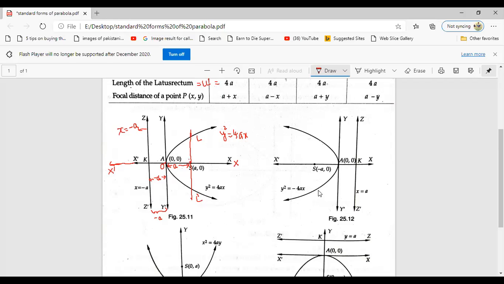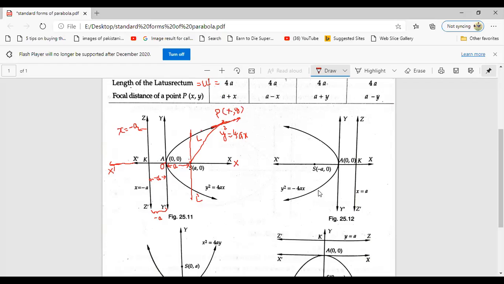Focal distance of a point means the distance of a point from the focus. Suppose this is a point anywhere. If you take any point P here, whose coordinates may be (x, y), the distance of the point from the focus is a plus x.